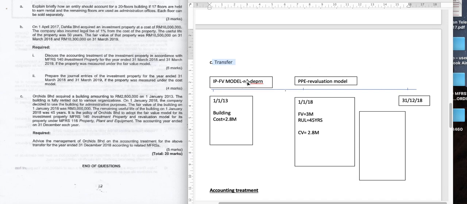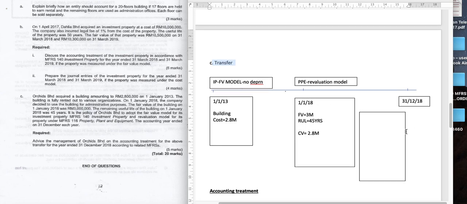So what we should do is this is a transfer, the date of transfer, and the question asks for accounting treatment from 1st January until 31st December 18. So on this date, you compare fair value and the carrying value. So since the fair value is more than carrying value, there was gain on fair value.